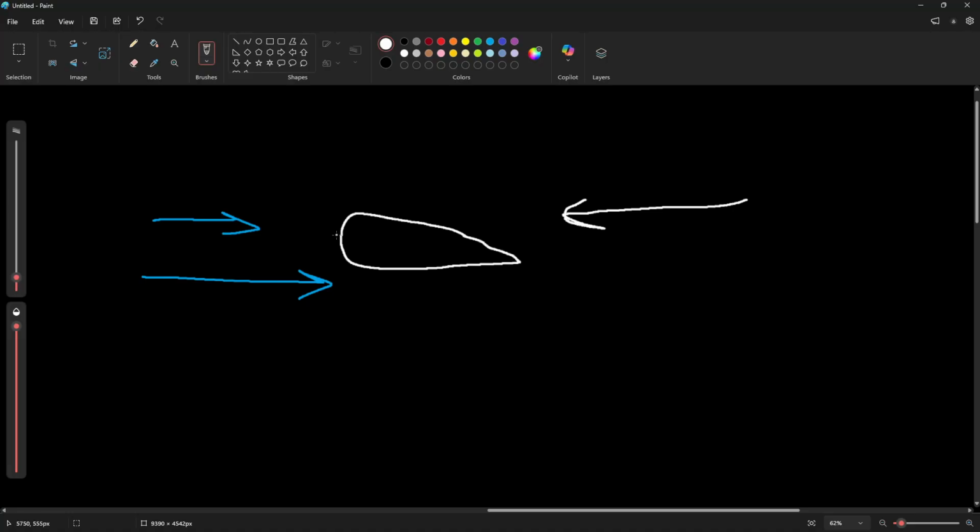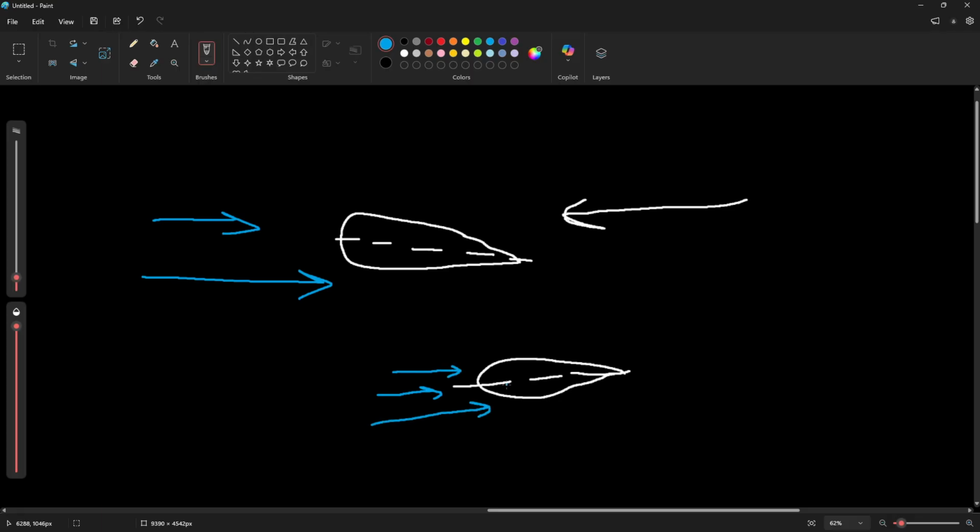This relative wind is parallel to the chord line. So if we're traveling this way and the chord line is like this, the relative wind will be parallel to the chord line and in the opposite direction of where you're moving.